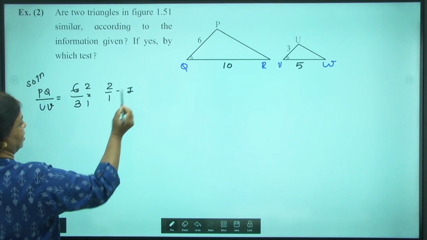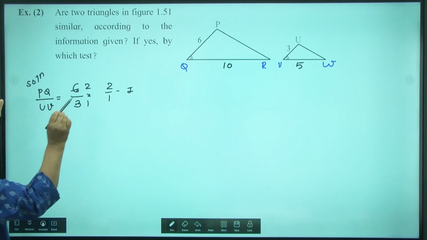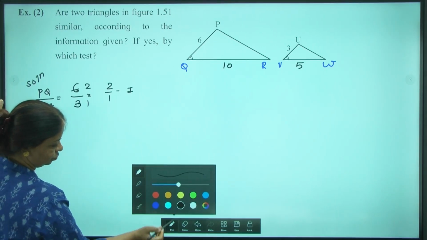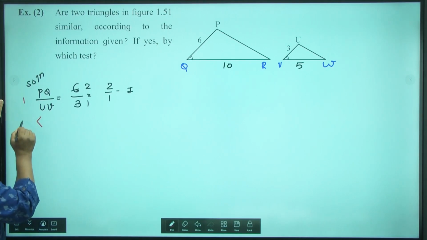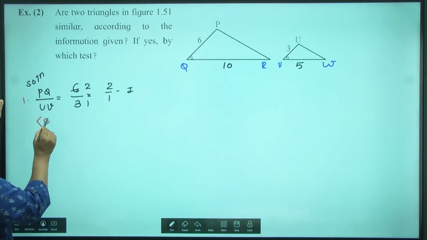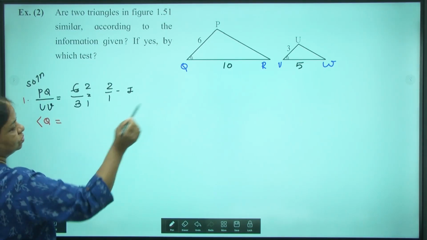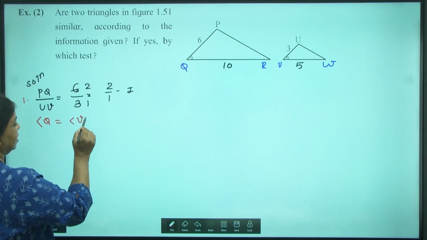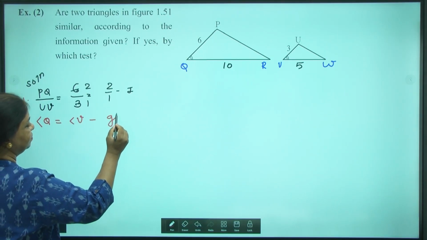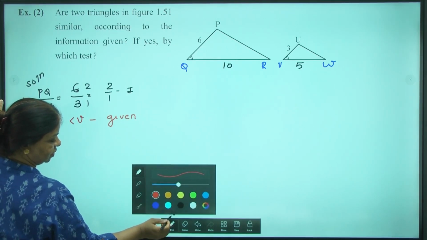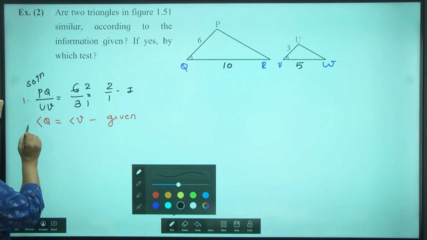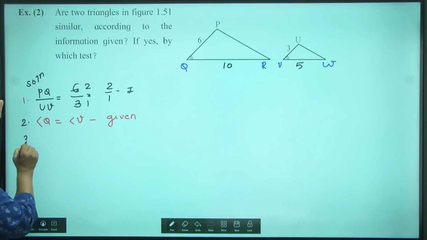This is my first statement. And also angle Q is equal to angle V, and the reason is given. This is the second statement.